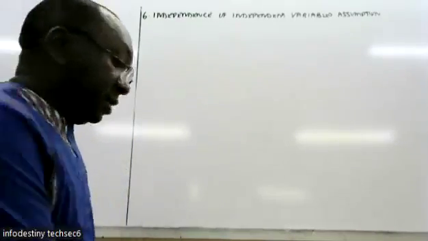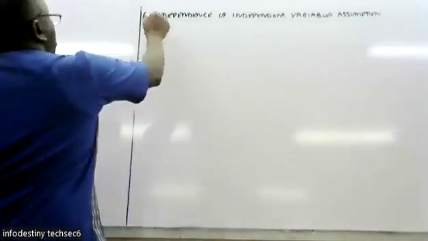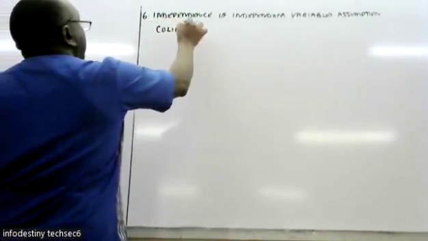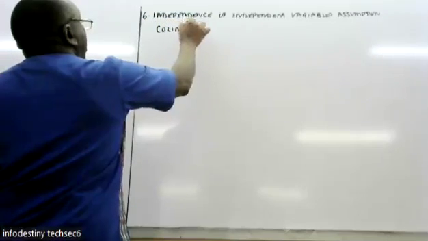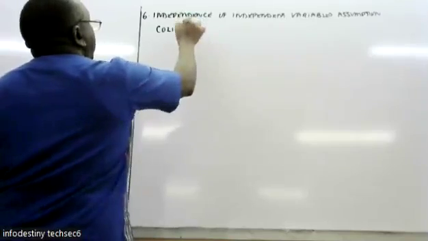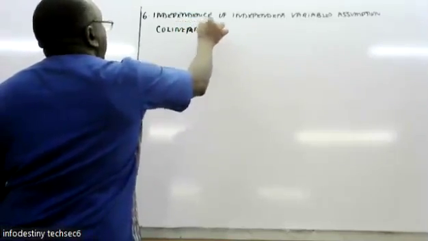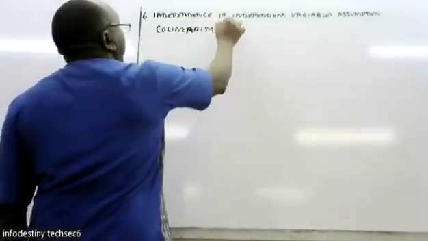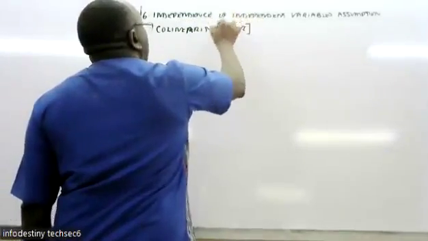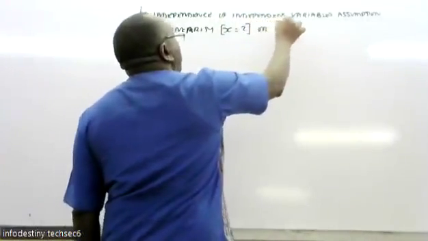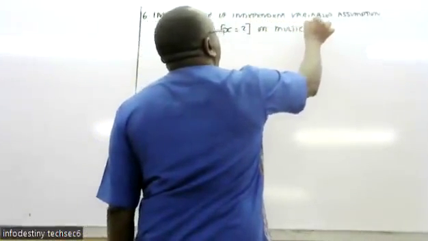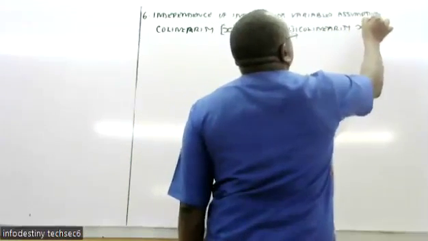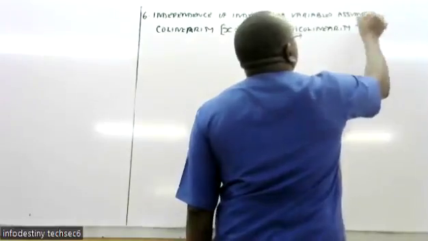That is, there is no correlation. Sorry, there is no collinearity. There is no collinearity when x equals 2, or multicollinearity when x is greater than or equal to 2.